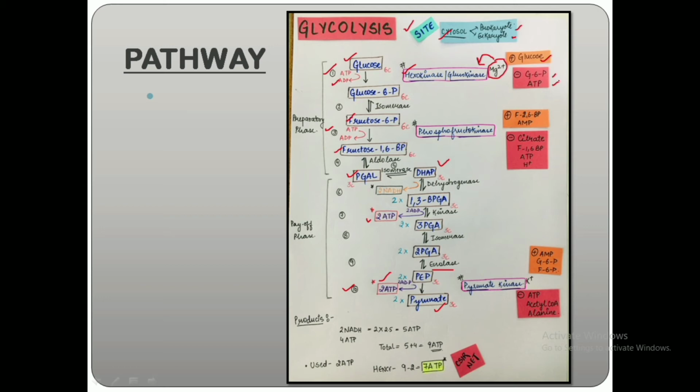So let's talk about the enzyme phosphofructokinase, that is used in step 3. This enzyme is the most important regulatory enzyme. First and second, this is the slowest step of the glycolysis pathway, which makes it more important.